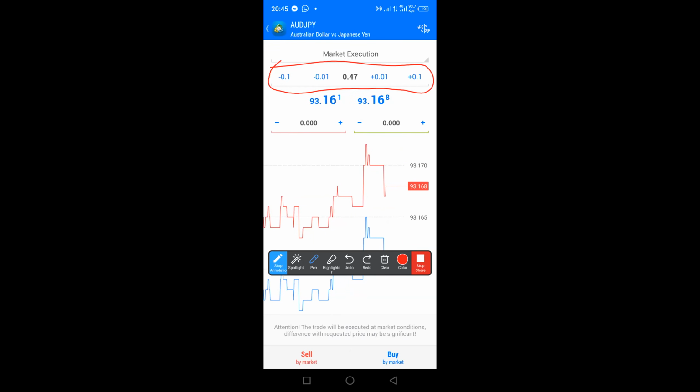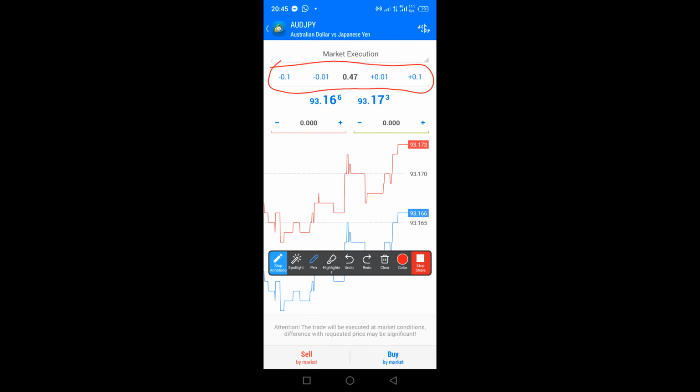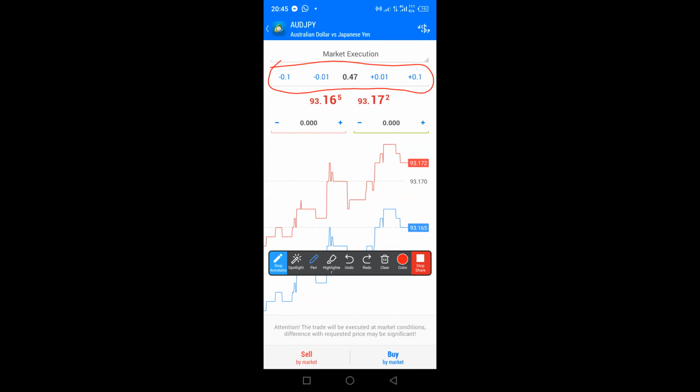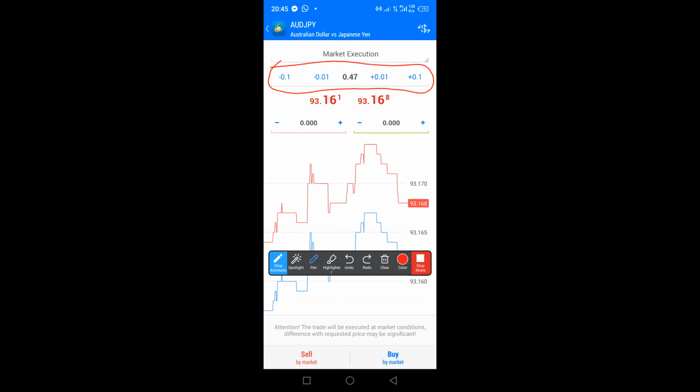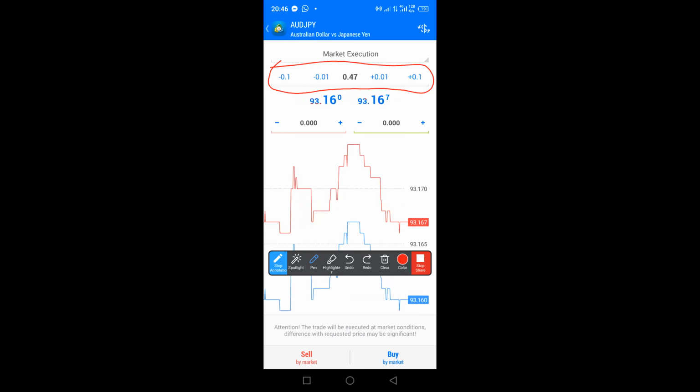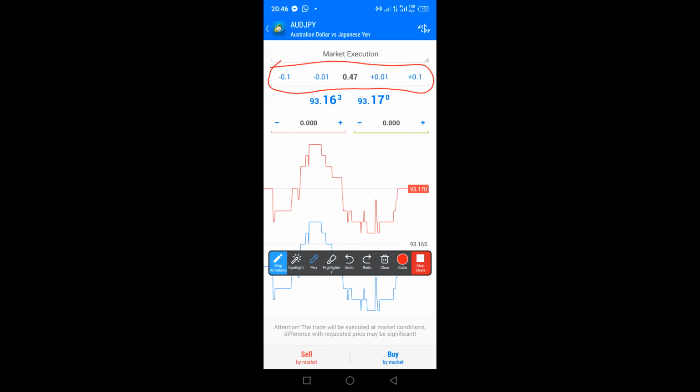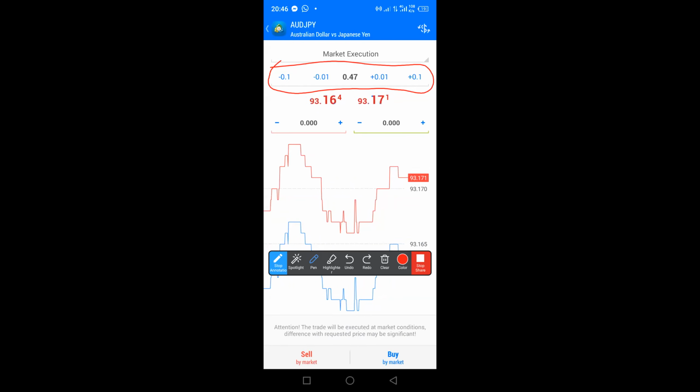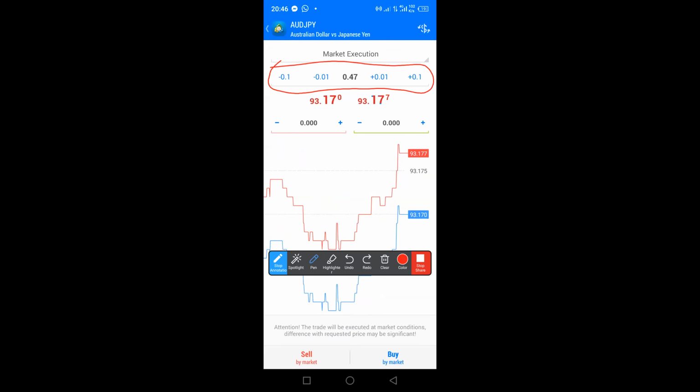So let's say I want to take a trade on AUD JPY. My broker will ask me, yes, you want to take a trade on AUD JPY. What value, what quantity in dollars do you want to control? And I say, oh, I want to control $1,000. That means I want to take a trade with a lot size of 0.01. If I want to control $10,000, that means I want to take a trade with a lot size of 0.1.